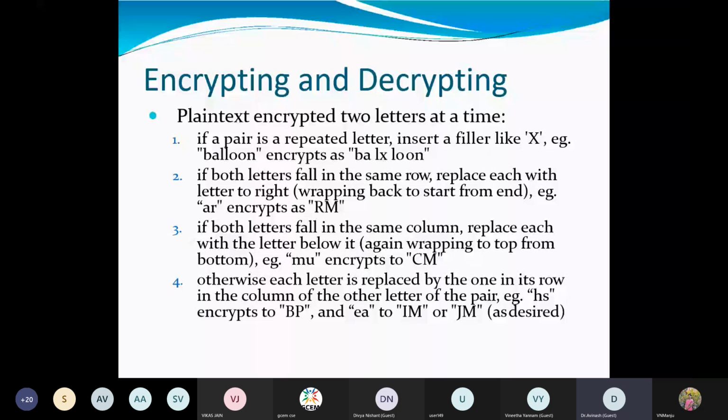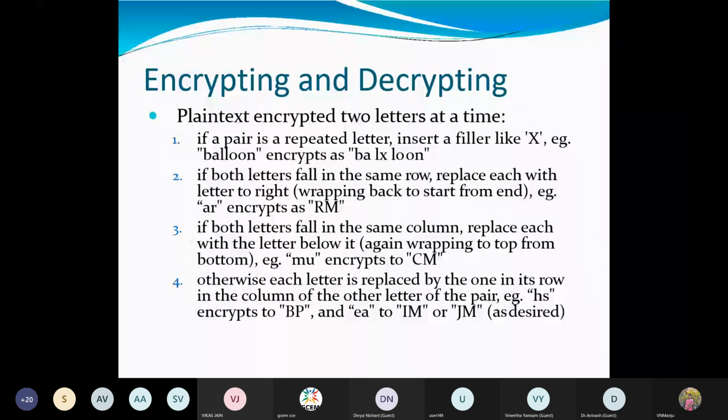If a pair has a repeated letter, then insert a filler like X. For example, if you want to encrypt the word balloon, after the filler it looks like BALXLOON, because we have inserted a filler, capital X, wherever there is a double occurrence of a particular letter. L was occurring twice, so we have put X over there.